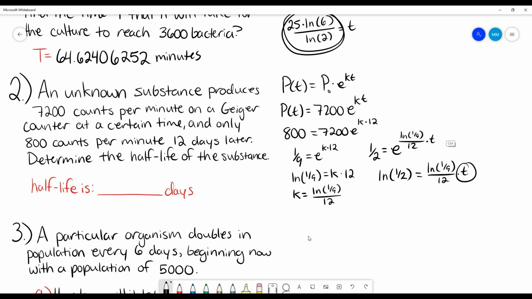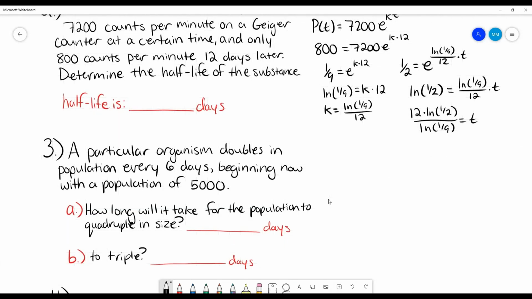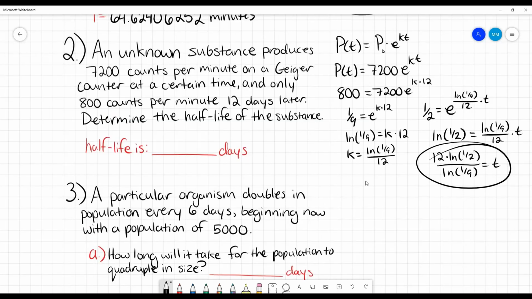And now I just isolate t, so I'm going to multiply by 12 and divide by this natural log. And that is what our t is going to be. So that should be our half-life, whatever number that is.